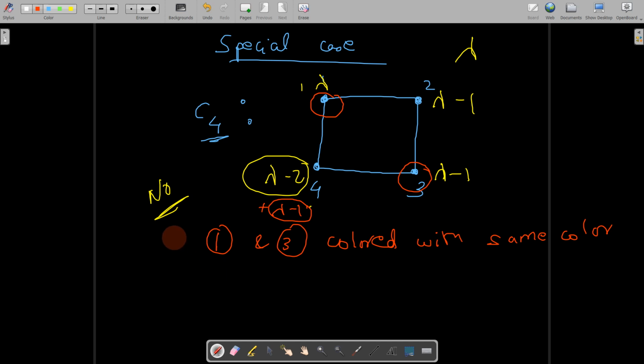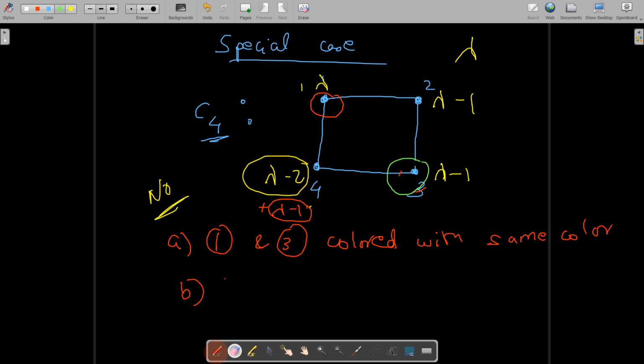And the second case, case B, is when vertex 1 and vertex 3 are colored using different colors. Say vertex 3 is colored using a green color, not red. Now the fourth vertex is adjacent to 1 and 3, so it cannot use exactly two colors, so it has lambda minus 2 choices.